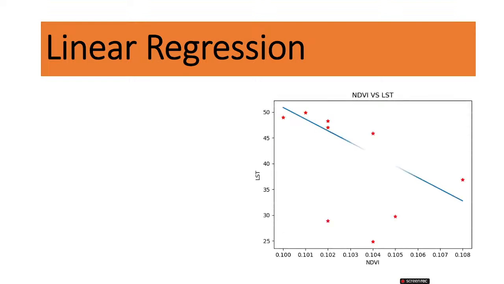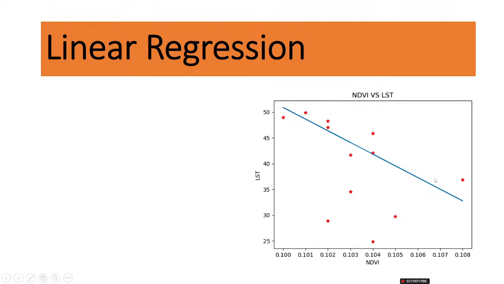So you can see this is a chart. In the chart the x-axis represents the NDVI value, and the y-axis represents the land surface temperature in degrees Celsius. So here I have two types of data, and in this data, when I create the best fit line, you can see it is called the best fit line.